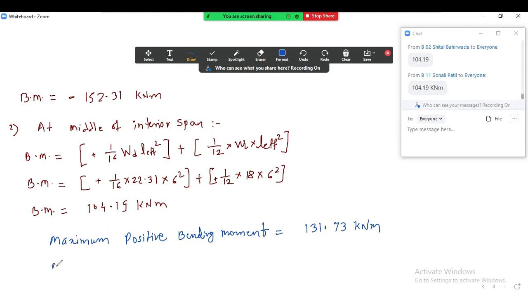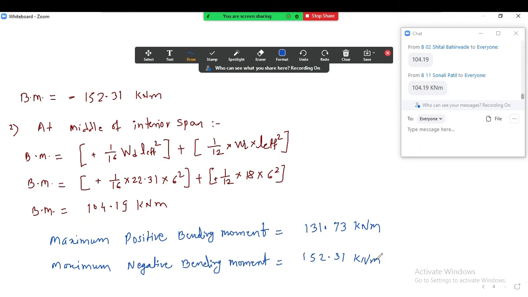And then the maximum negative bending moment is 152.31. This is your maximum negative bending moment.